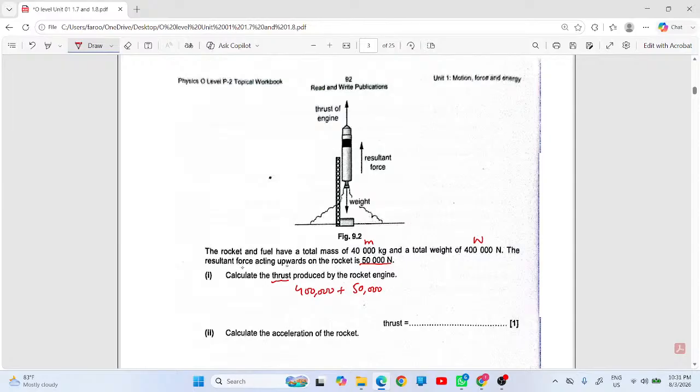The resultant force is upward and weight is downward. आंसर चेक करें क्या आता है ऐड करने से. आंसर चेक करें मेरा 450,000.